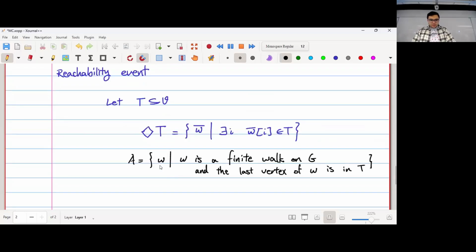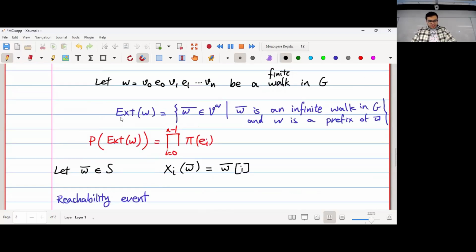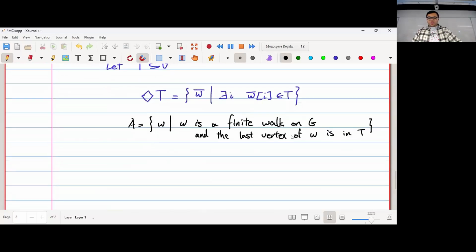Now, for each one of these finite walks, its infinite extension is an event. And this set is also countable, right? This is, again, something that we proved in set theory, because basically every vertex of W is coming from a finite set. So I have a set of finite sequences from a finite set. That set is either finite or countable, okay?